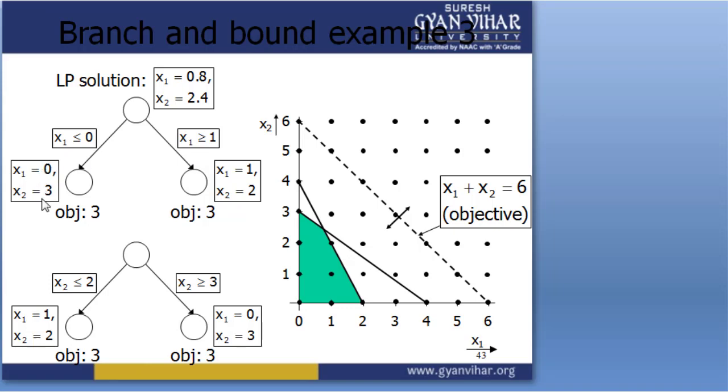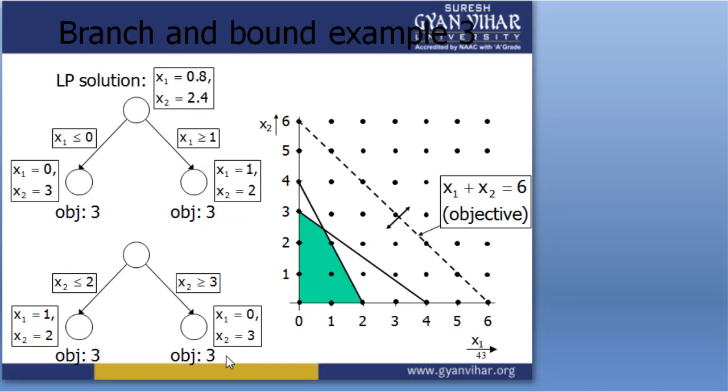So it gives the two points 0, 3 and 1, 2. So x1, x2 gives an integer value. For this case x2 is again divided, and this gives the objective function 3, with x1 equal to 1 and x2 equal to 2. For x1, if I divide this here, x2 is here, right? So it gives x1 equal to 0 and x2 equal to 3.